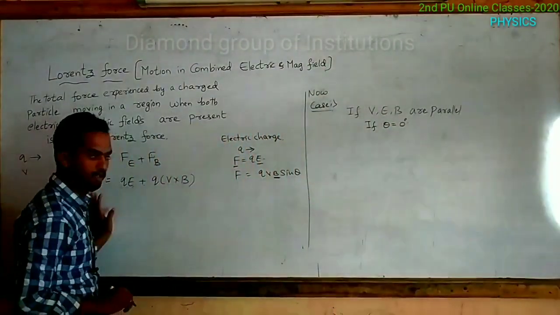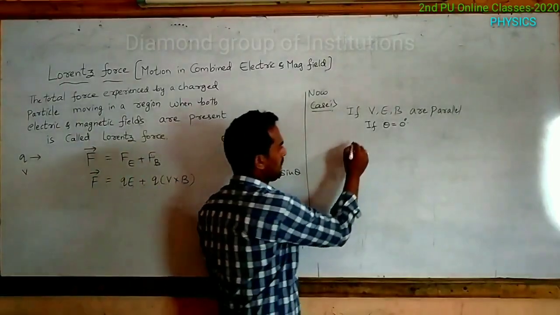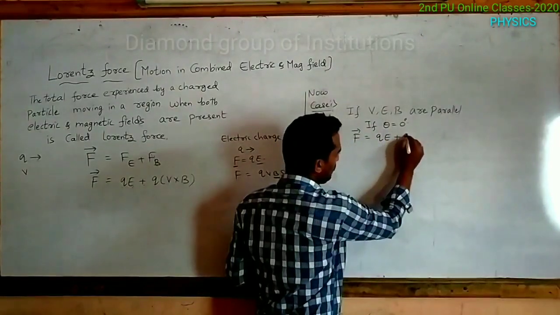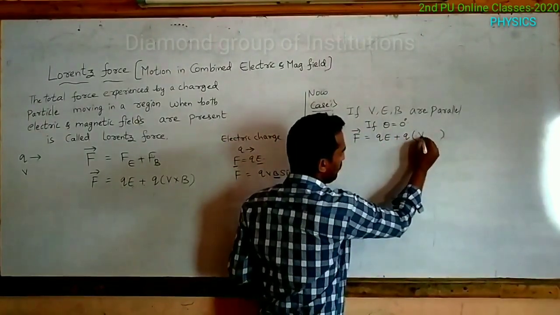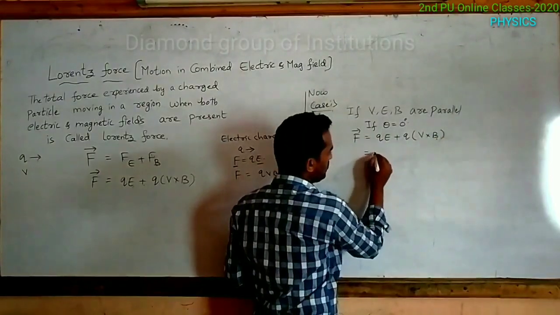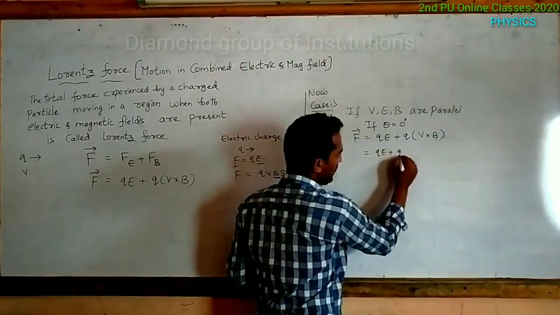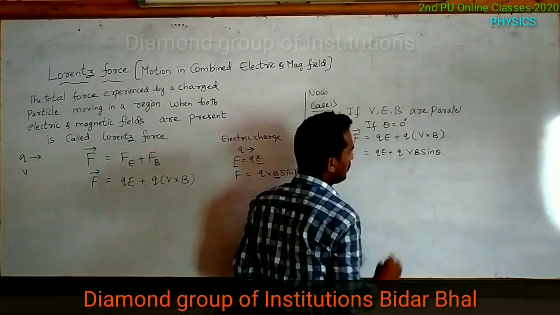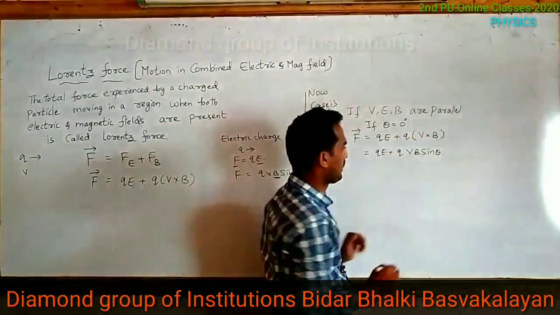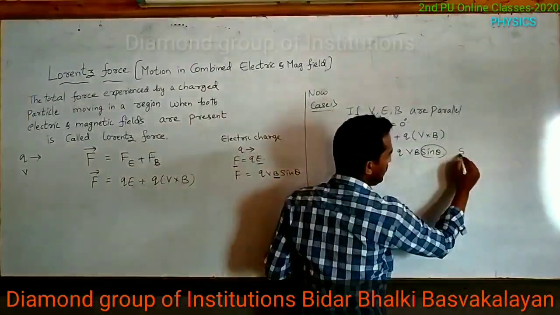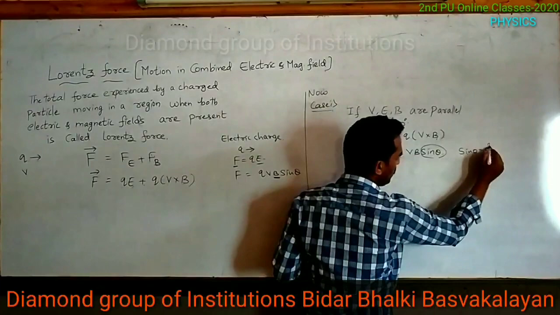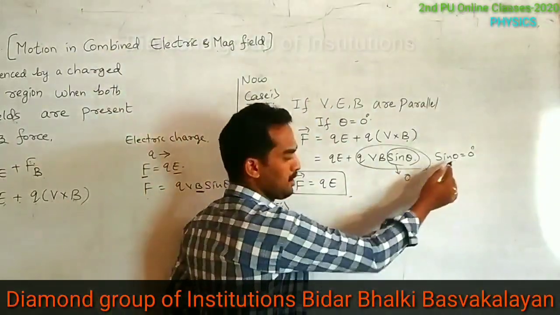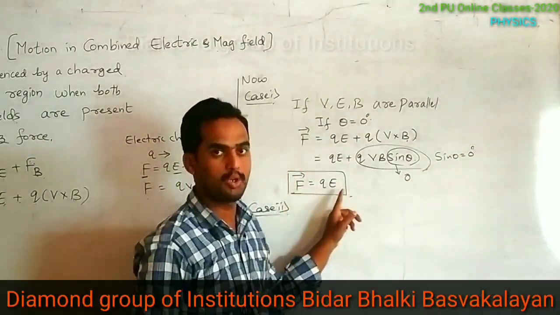So what does the expression become? F equals Q into E plus Q into V cross B. That means QE as it is, and V cross B means VB sin theta. What will be the angle here? 0 degrees, so sin 0 becomes 0 and the complete term becomes 0. So the final expression is F equals Q into E.